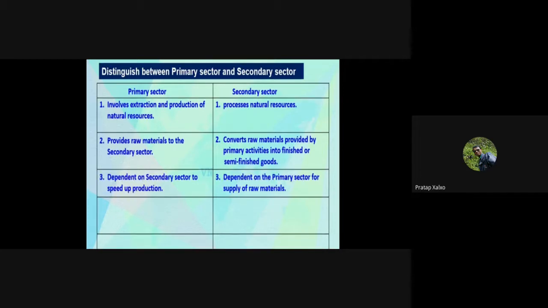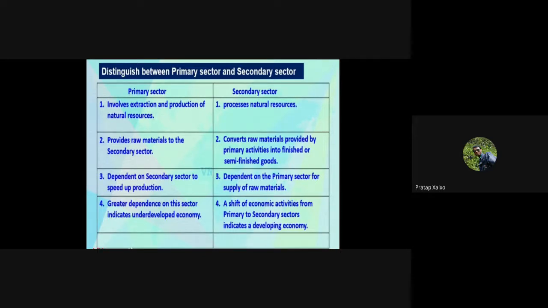Primary sector is dependent on secondary sector to speed up production because if you want agricultural tools and implements, it is only secondary sector who can provide. Whereas the secondary sector is dependent on primary sector for supply of raw materials. Take for an example a textile mill or a sugar mill, they all depend on agriculture for raw material.